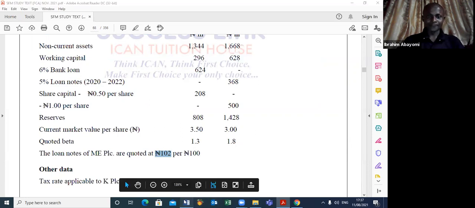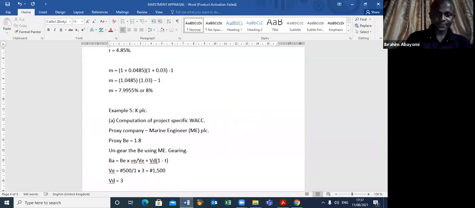So 368 all over 100, times 102. 368 divided by 100 is 3.68, times 102 gives me 375.36. That is my market value of debt for MEPSC.